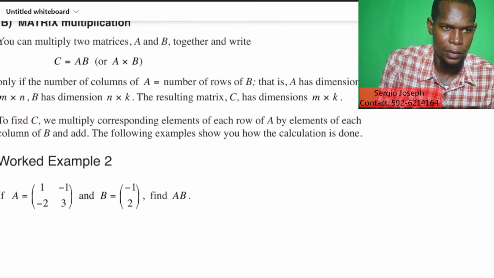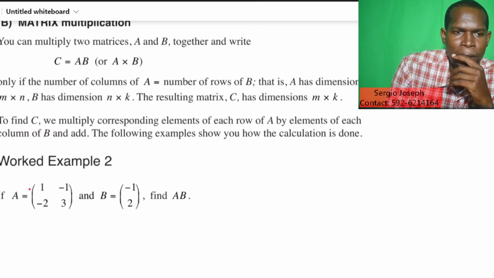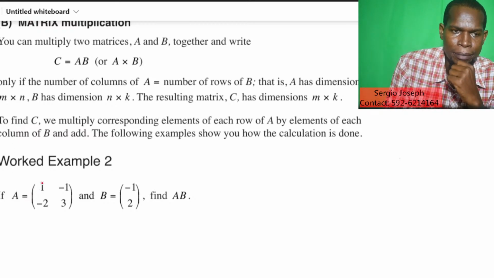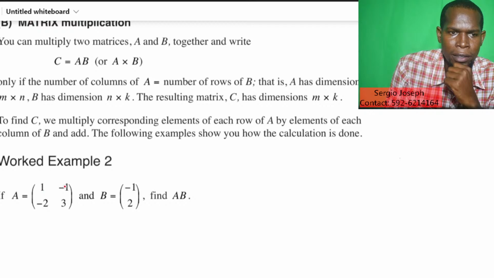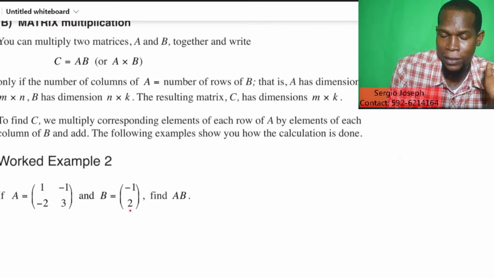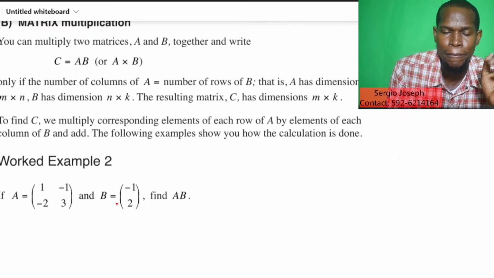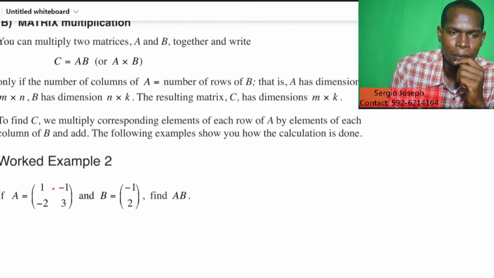Let's look at this example down below. Notice you have a matrix here. You know this is a 2 by 2 matrix, and this one here is a 2 by 1. All agree?